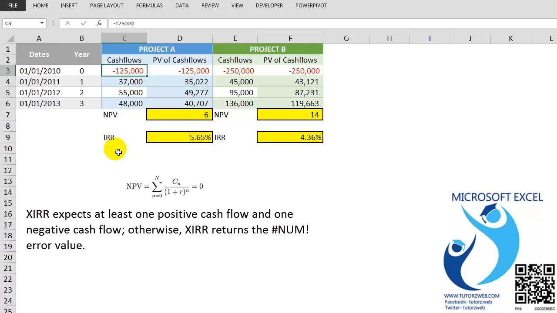So if I change this to a positive number, say 2000, I'll get an error here. So it is important that our data has at least one negative cash flow. Similarly, if I keep all the cash flows as negative, then also I'll get the same error. So there has to be one positive cash flow and one negative cash flow.